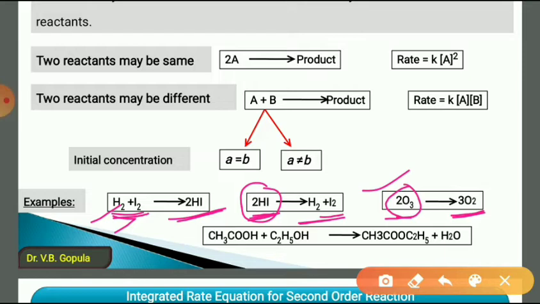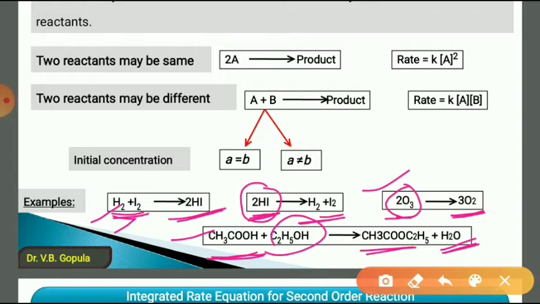Now if you take a specific organic reaction, ethanol reacts with acetic acid to give ethyl acetate as the main product and water as a side product. Here also the ethanol and acetic acid concentrations play an important role in determining the order of the reaction. So these are a few examples of a second order reaction.